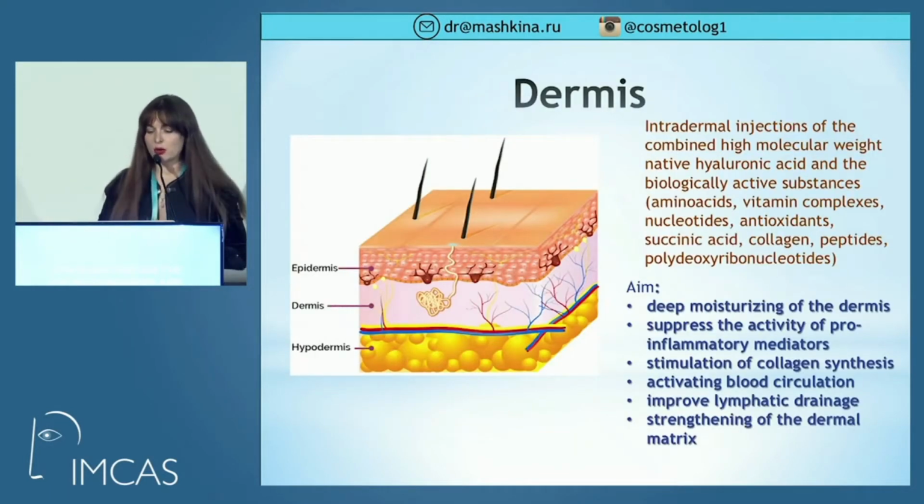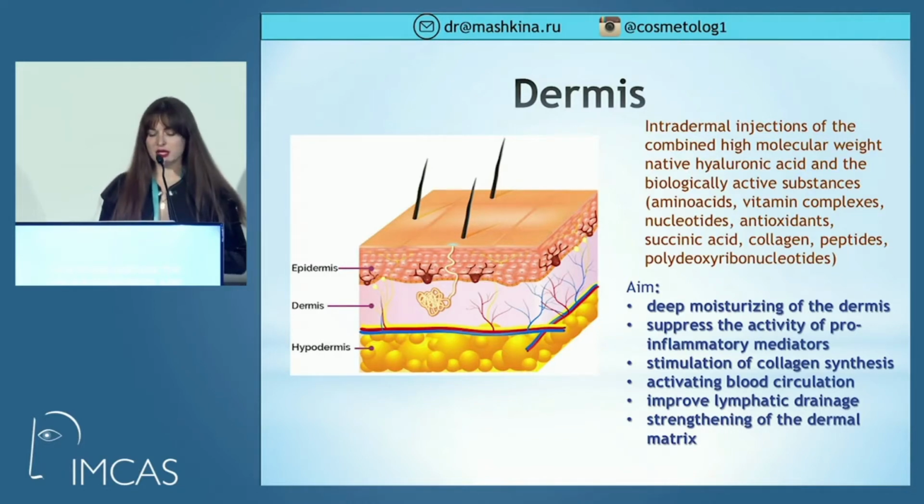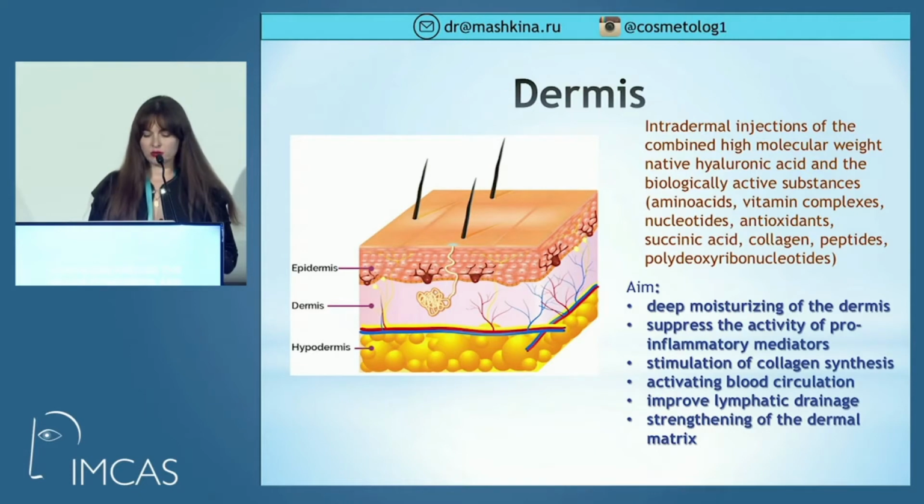Let's go deeper. When we work with dermis, we make intradermal injections of combined high molecular weight hyaluronic acid, non-cross-linked, and biologically active substances such as amino acids, vitamin complex, nucleotides, antioxidants, succinic acid, collagen, peptides.